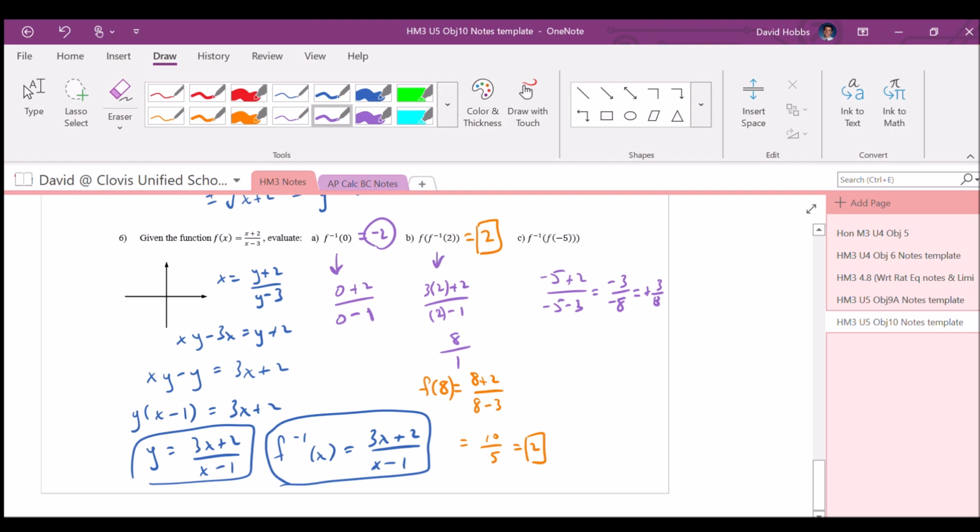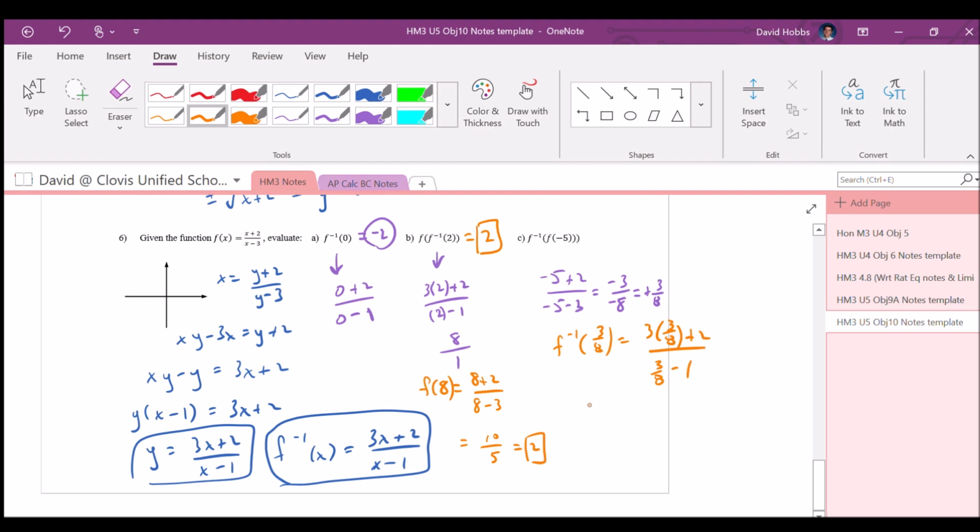Now we need to do f inverse of 3/8. So let's see my function f inverse: 3 times my input, plus 2 all over my input minus 1.